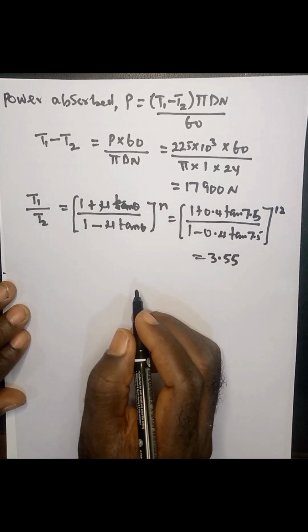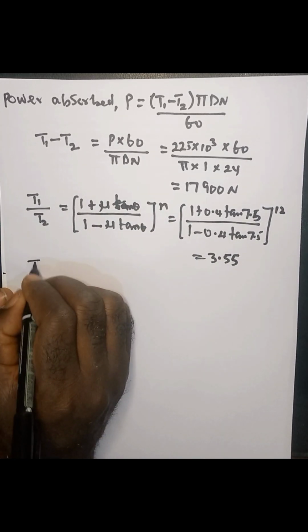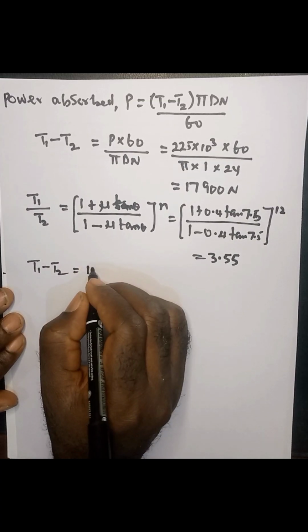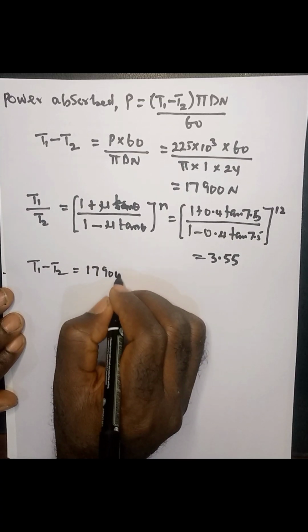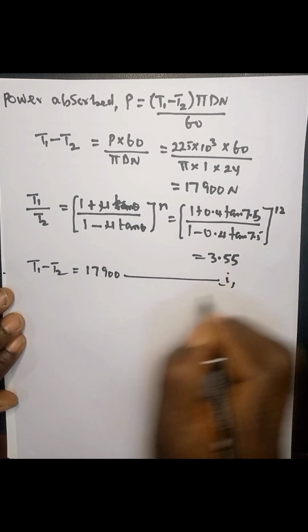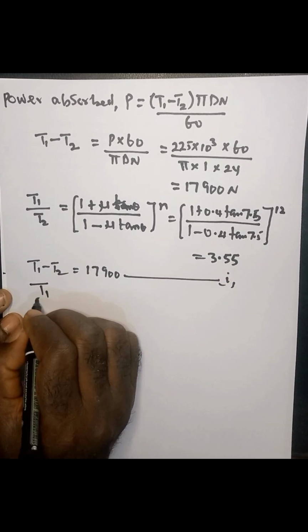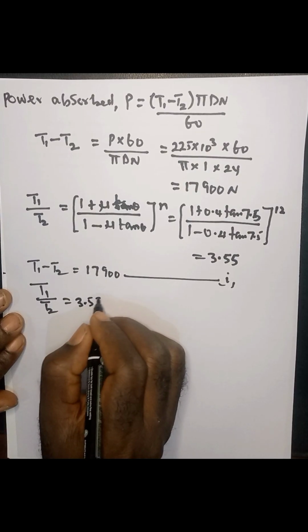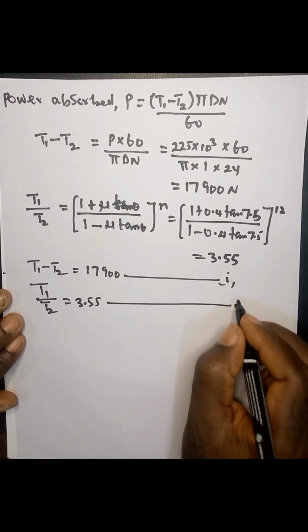Now, let us recall our two equations. The first equation is T1 minus T2, which is equal to 17,900. Call this equation 1. We have T1 over T2, which is equal to 3.55. Call this our equation 2.